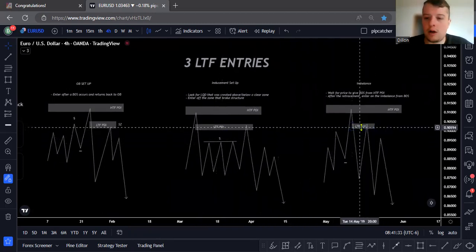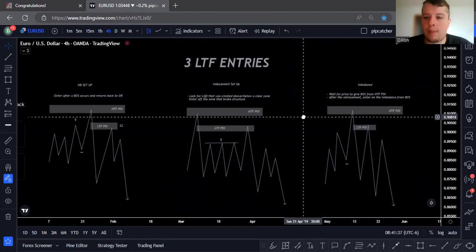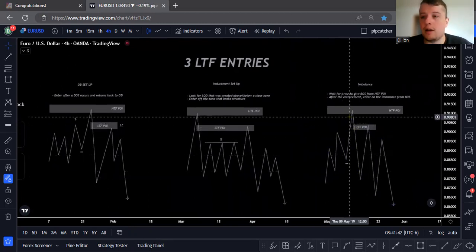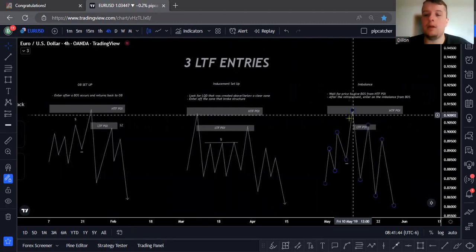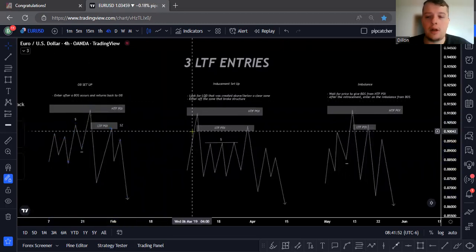So this would be where our entry would be. So after you see the break of structure, an order block could be around this area as well.